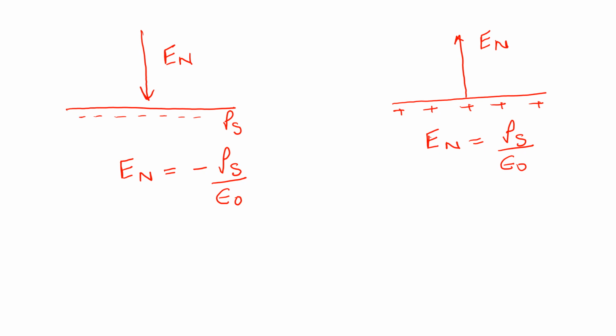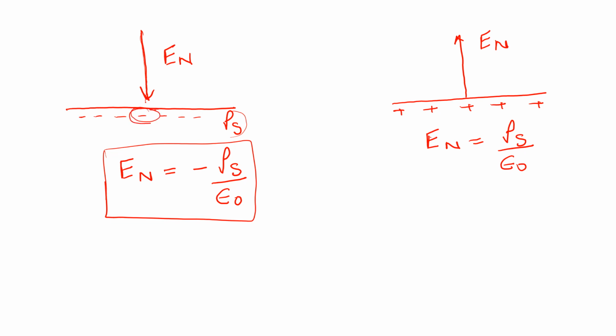Let's say you put a charge rho s on the conductor, and you want to calculate what the electric field is going to be. Right at that boundary, the electric field would have to have that relationship. Or in another case, you created an electric field externally, and it hit the conductor.